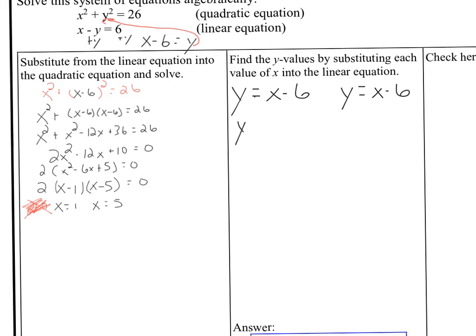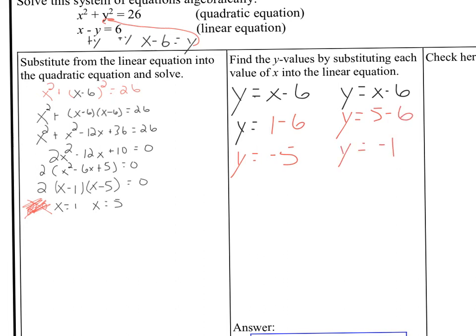So y equals 1 minus 6. So y equals negative 5. And then the next one, y equals 5 minus 6.